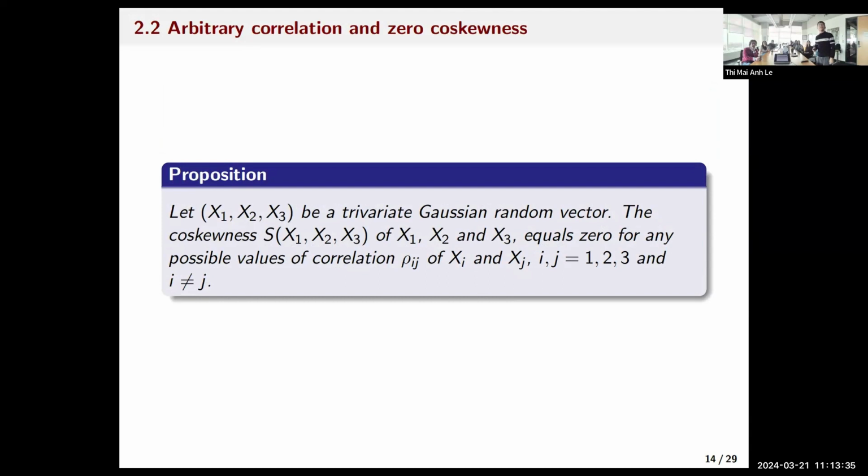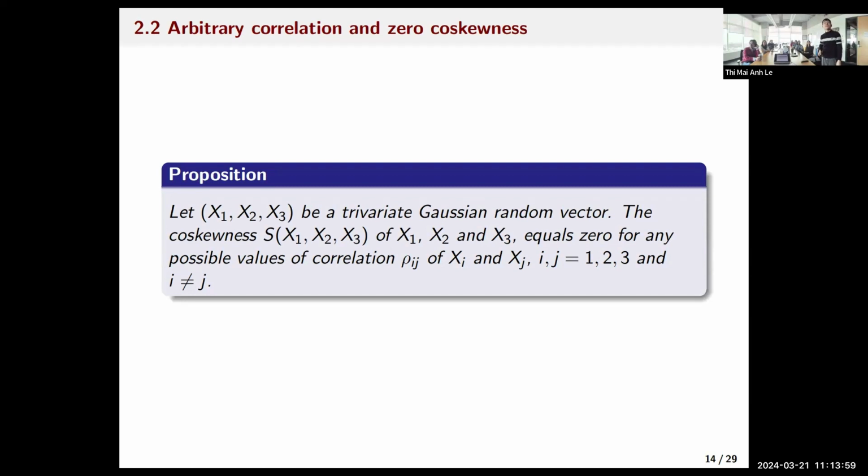Here, we use the trivariate Gaussian random vector to illustrate that the coskewness of X1, X2, and X3 equals 0 for any possible values of the correlation rho ij of these two random variables Xi and Xj.